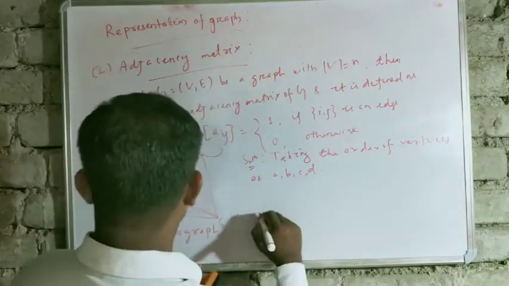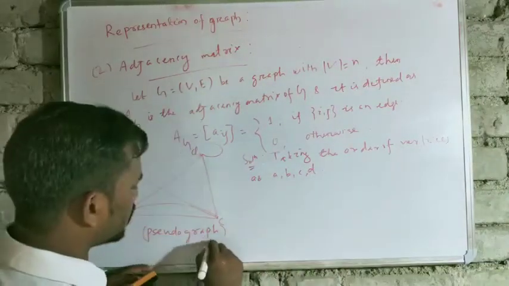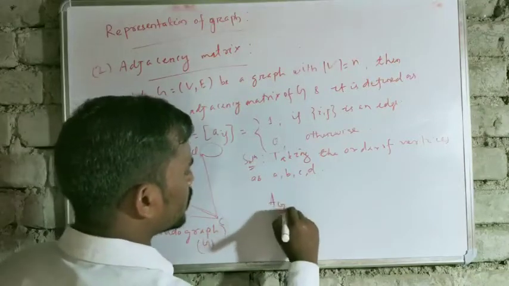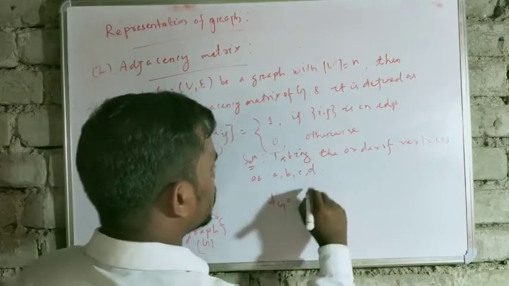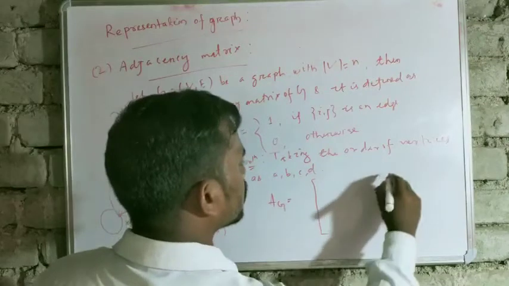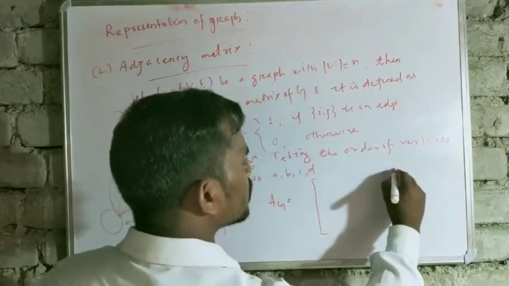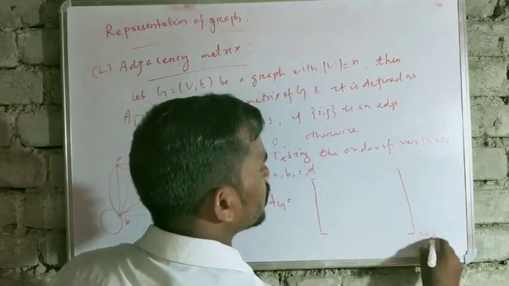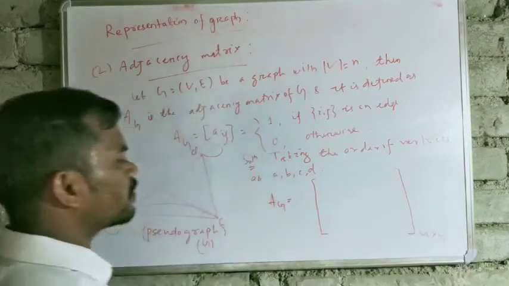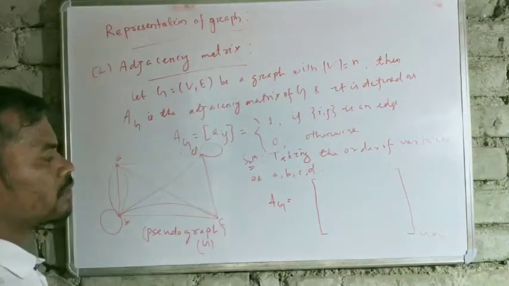Then what will be the adjacency matrix? Suppose this is the graph G, and the adjacency matrix of graph G is equal to, since there are 4 vertices, definitely I will get a matrix of order 4 by 4.